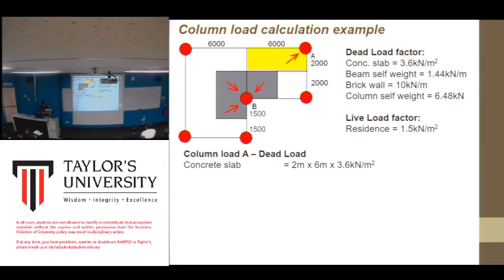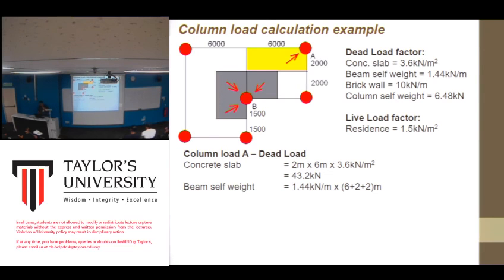So this is the whole slab, but you just take the one within the tributary area. So how to do that? You take the length, 2 times 6, and then times the factor here, 3.6, and then you get 43.2.